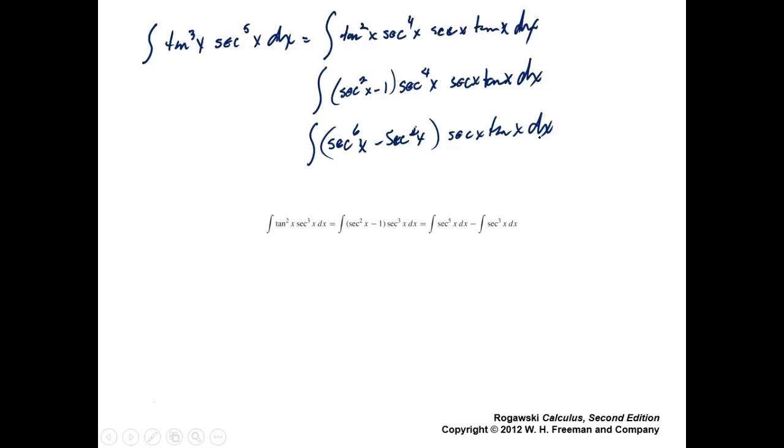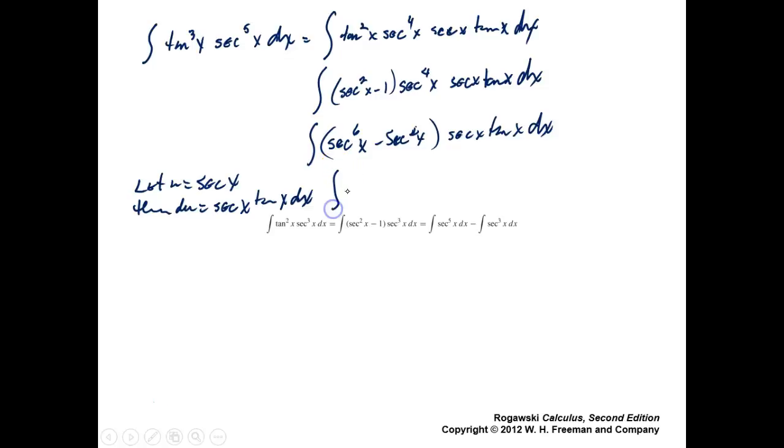And then what would you do? Substitute, and what would be your substitution? Secant x, you got it. Then du is equal to secant x tangent x dx. Now you see why that works so nicely.